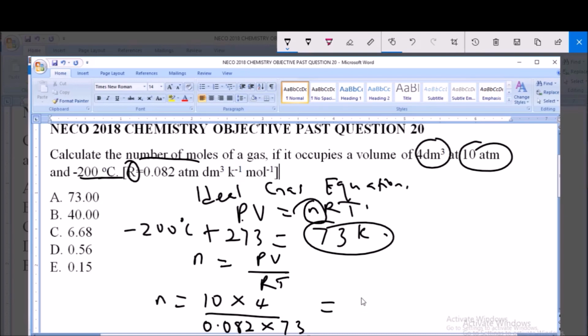This is equal to 6.68 moles. So the number of moles is 6.68 moles, which is option C, the correct answer to this question.